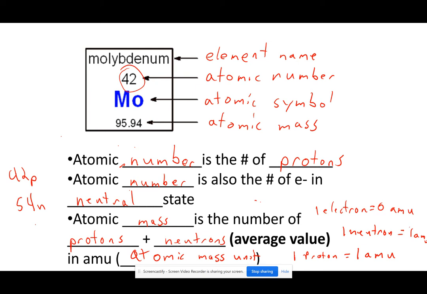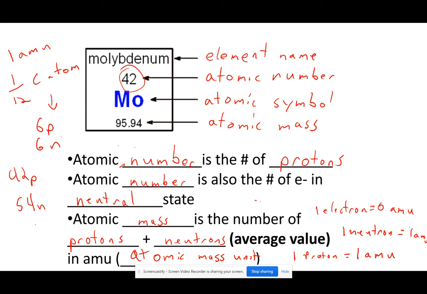What is AMU? Well, 1 AMU is defined as 1/12 of the mass of a carbon atom. And a carbon atom is made up of 6 protons and 6 neutrons. So 1 AMU is basically the mass of either a proton or neutron, although it's not exactly that.